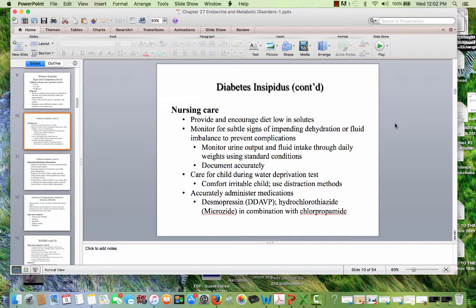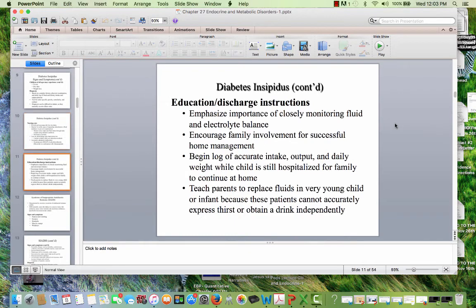So that would be more of the central type, I'm sorry, I apologize, that's more than just the nephrogenic. So the central type or the neurogenic, desmopressin can definitely be used. A lot of the education you're going to do is the importance of closely monitoring fluid and electrolyte imbalances, giving the parents some signs and symptoms of what to look for.